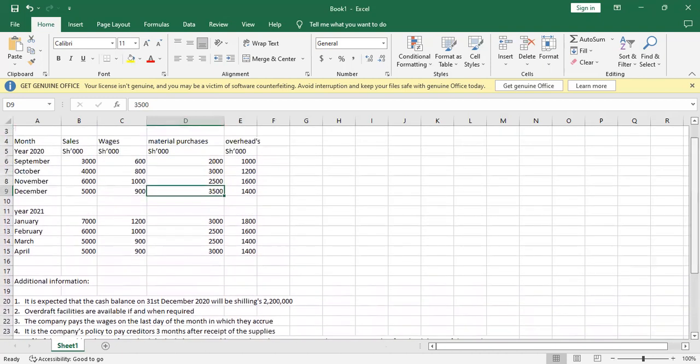So I said that a cash budget deals in cash. So I want us to account for the cash, and allow me to work from this end.